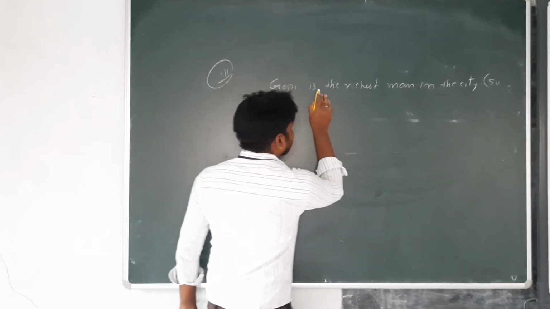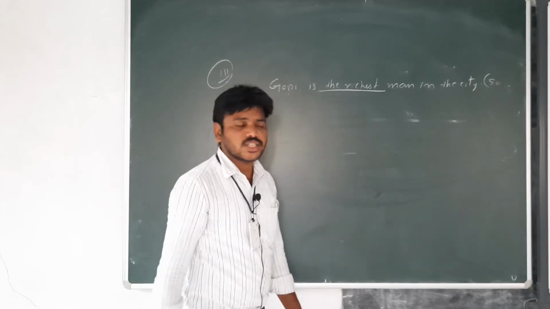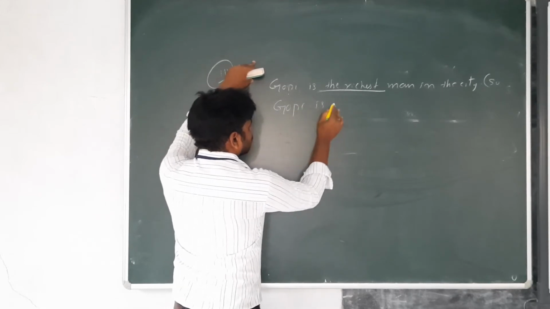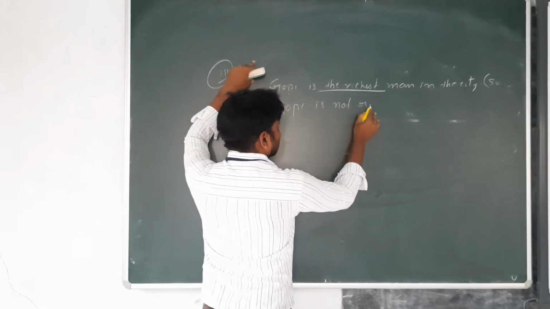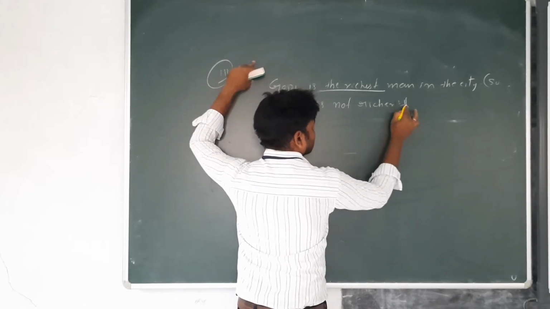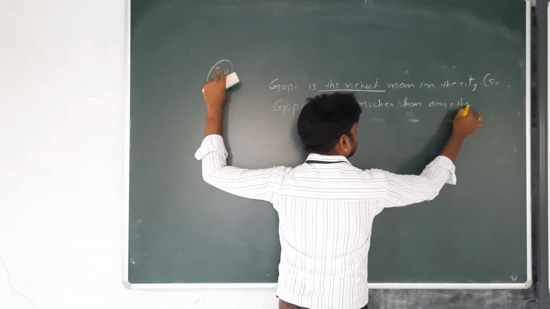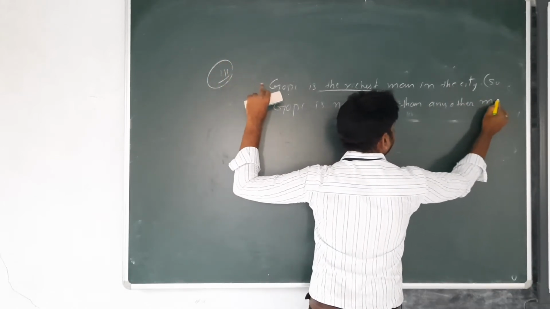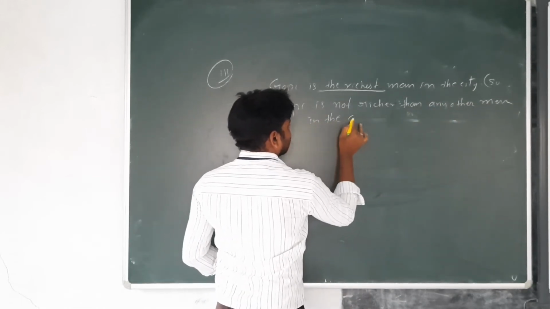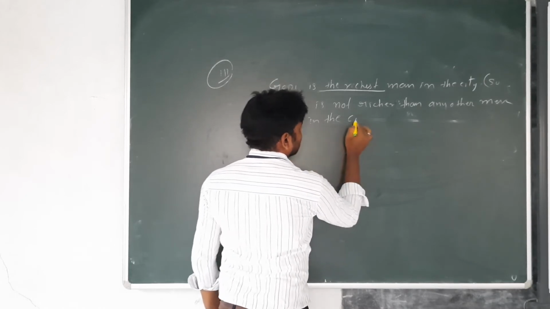Identify here the richest. Now let us see comparative degree. Gopi is not richer than any other man in the city. So how can we write from positive to comparative?